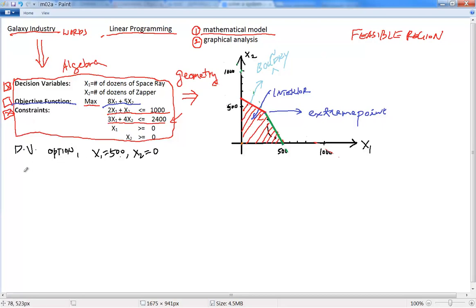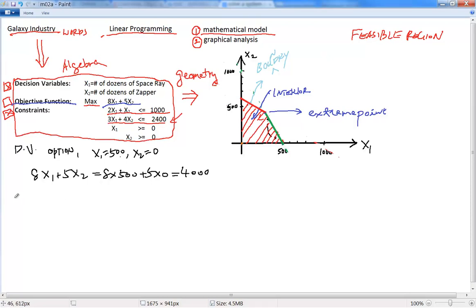So as we know, the associated profit for this option 1 is simply plugging the real numbers into this expression that we call the objective function. So you plug in 8 times 500 plus 5 times 0, that's 4,000.